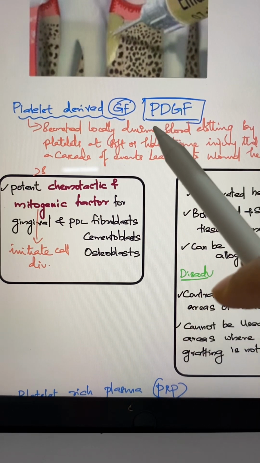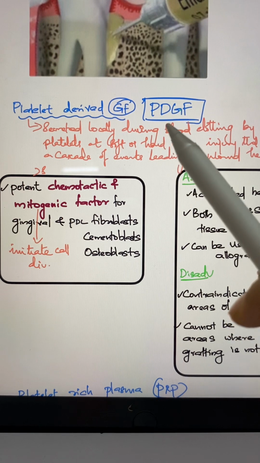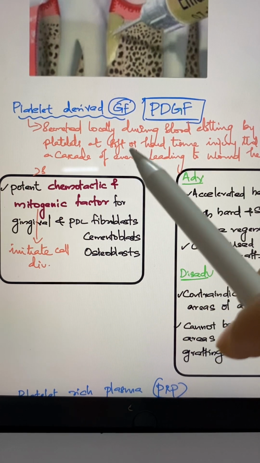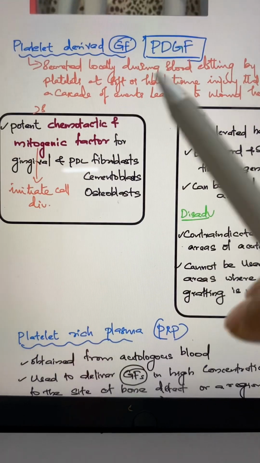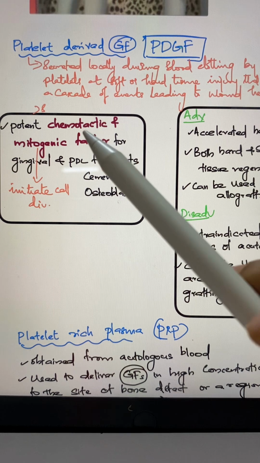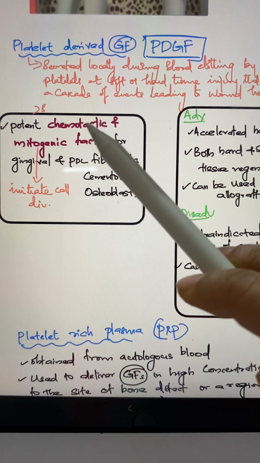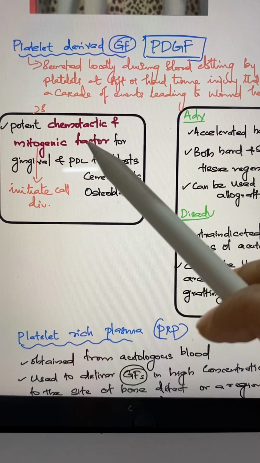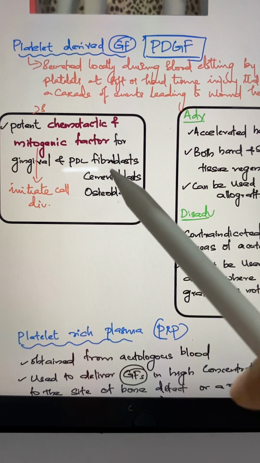When there is a wound, the blood clot has to form immediately with the help of platelets, and this stimulates a cascade of events leading to the wound healing response. It has a potent chemotactic and mitogenic activity, which means it initiates cell division. This is its major function.